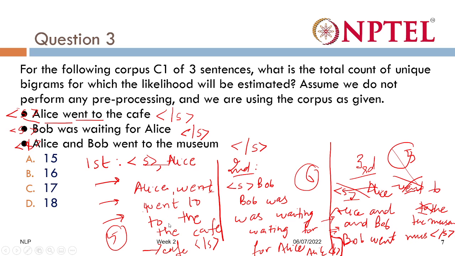Sorry, here there are 6. I didn't count the first one, start and Alice, so it will be 6. 6 and 6 is 12, and 5 is 17. The correct answer is option C.